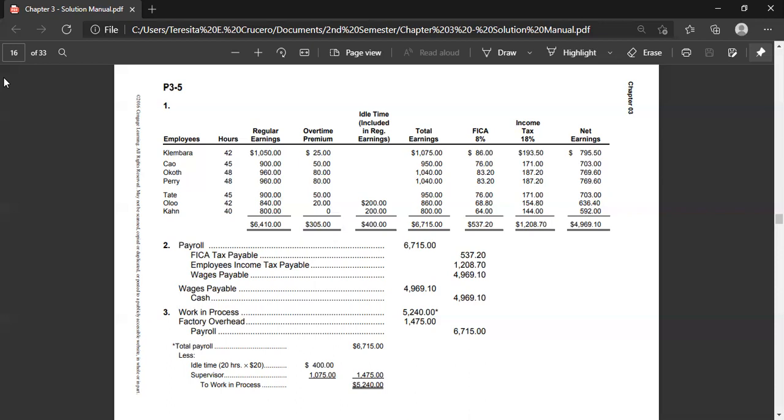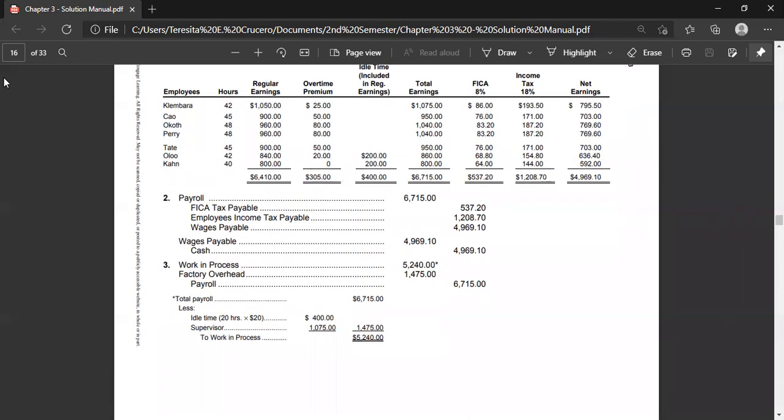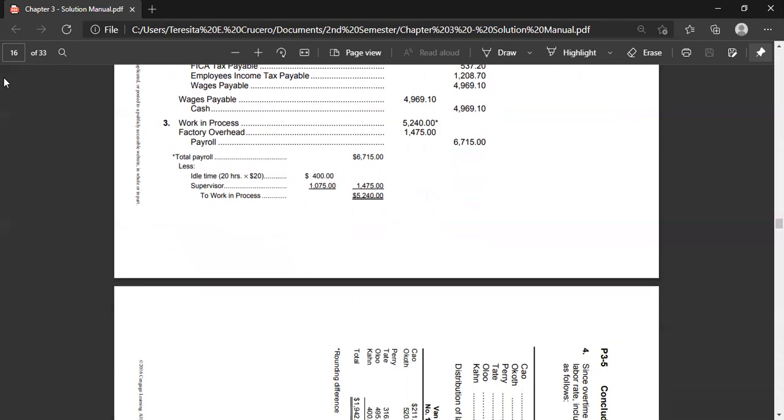And then the supervisor, that's 1,075 because it will be charged to indirect labor. So work in process, 5,240. And then we have your factory overhead for the idle time and for the supervisor's salary.